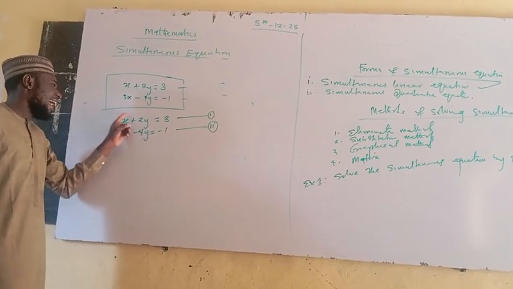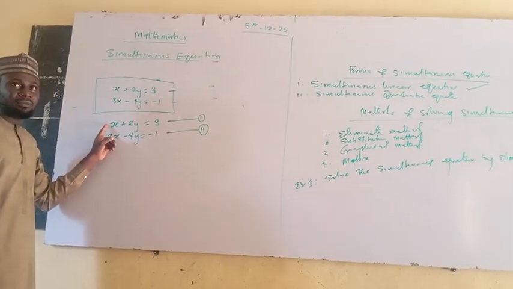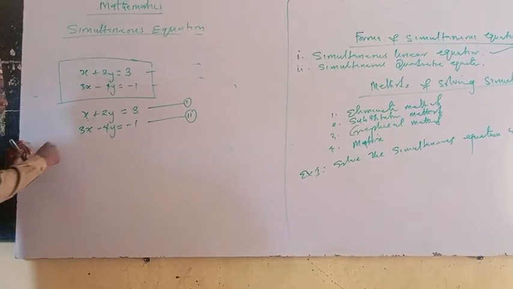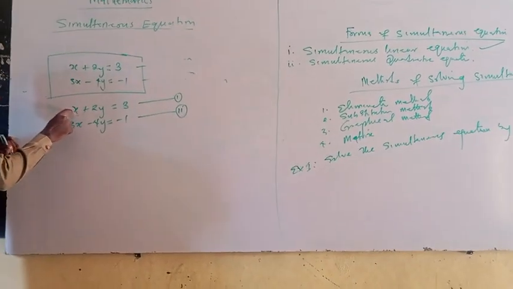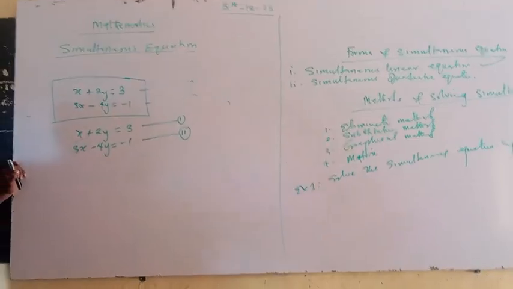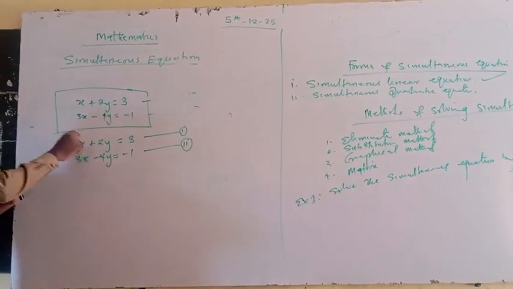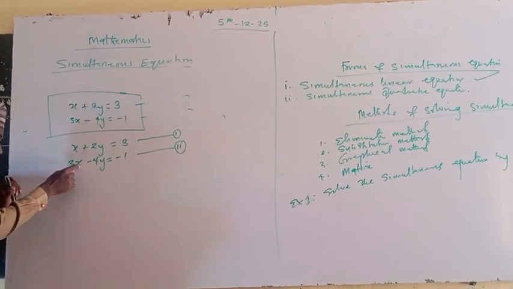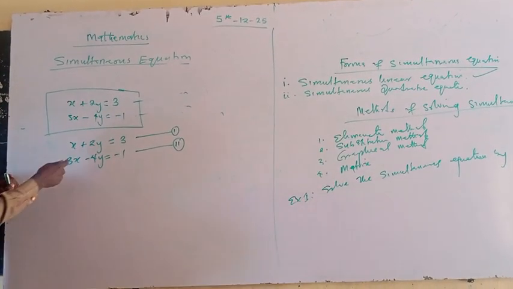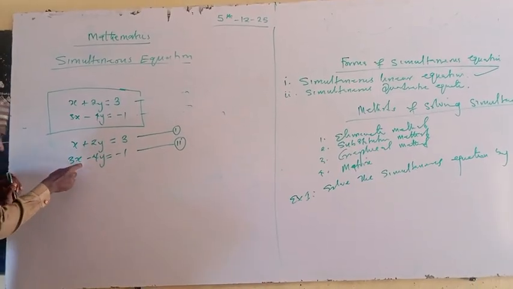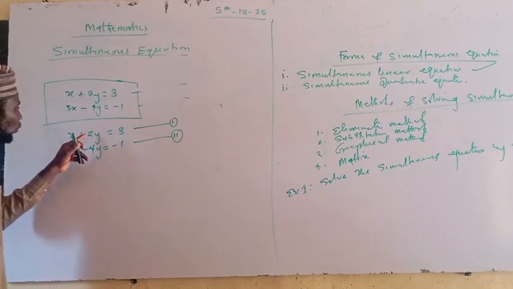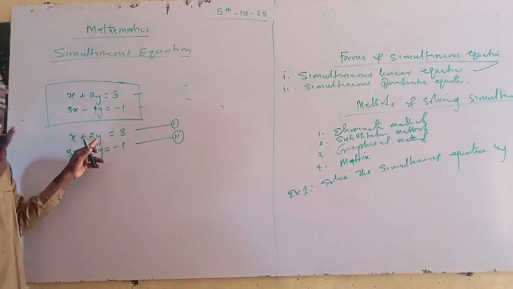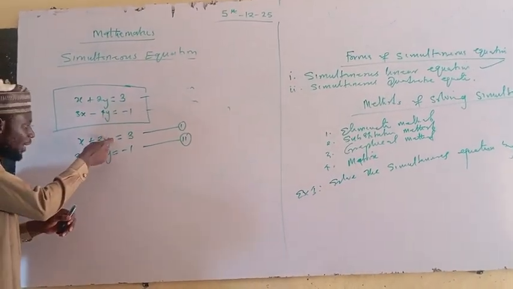Nan kuma amma x a nan positive ne. Wannan x shi ɗaya na shi ɗaya. Dan shi yasa ya zama x guda ɗaya na. Amma wannan x a nan ba shi ɗaya ba da su uku ne a nan. Shi yasa ya zama 3x. Kuma wannan y a nan su biyu ne. Shi yasa ya zama 2y.